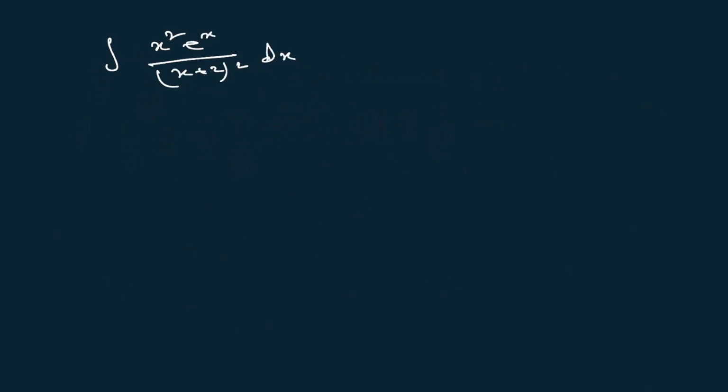So whatever I told you, whenever e to the power x is multiplied by some form of x, we have to apply that f(x) plus f dash x formula. So what can be done here? So let's manipulate. e to the power x, I can write here x square by (x plus 2) whole square dx.